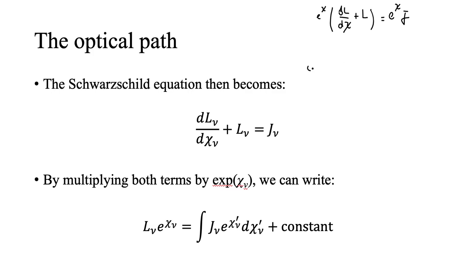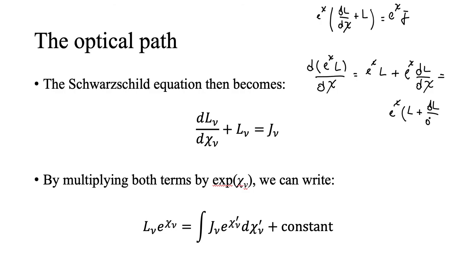What is the derivative of e to the χ times L with respect to χ? Well, it would be the derivative of the first term, which is an exponential, so it's just itself, times L, plus the first term times the derivative of the second, dL/dχ. Let's collect the exponentials: e to the χ times L plus dL/dχ.